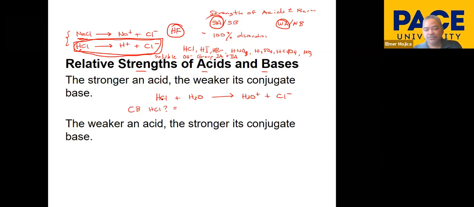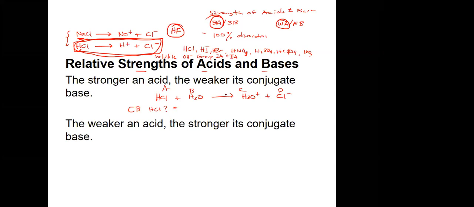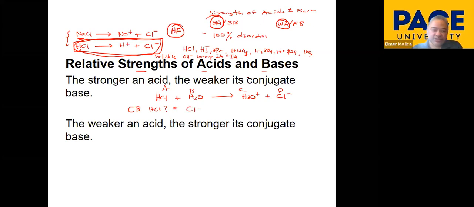What are you going to answer? A, B, C, or D? Would it be D? Okay, so the answer would be Cl minus. Now, what does this mean? The stronger the acid, the weaker its conjugate base.